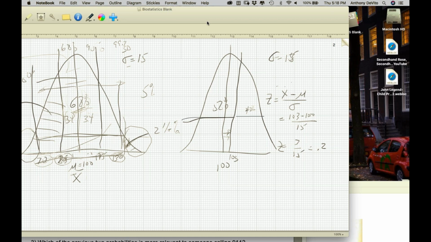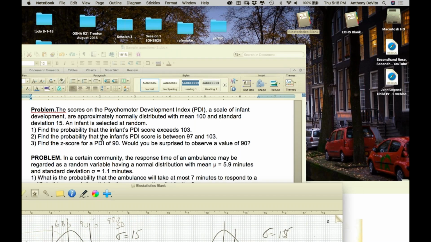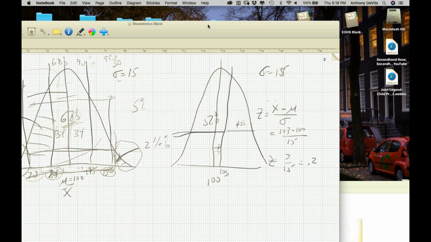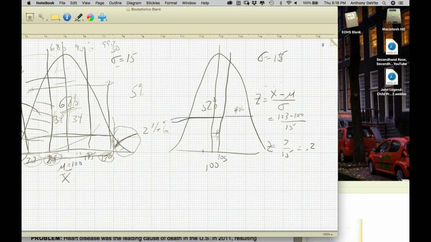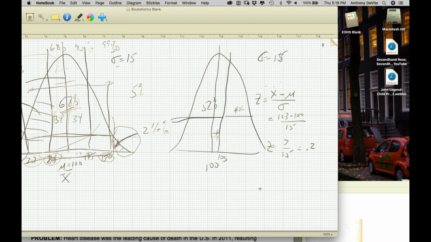Okay, what's the next problem here? What's the probability that the infant's PDI score is between 97 and 103? Well, this is interesting. So now we're looking at 97. Let's say that this score is 97.